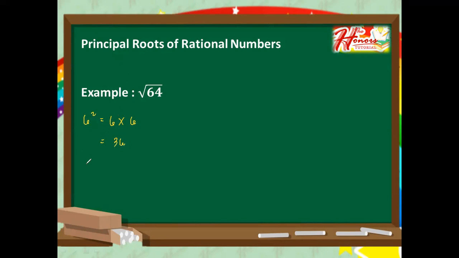So it is not 64. So let's continue. How about 7 squared? So that is 7 times 7. So that is 49. So it is not 64. Let's continue. So we have here 8 squared. That's 8 times 8. So that is 64. So therefore, the answer is positive 8. Please don't write the exponent. Write the base only. So the answer is 8.